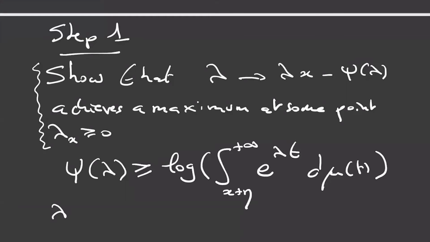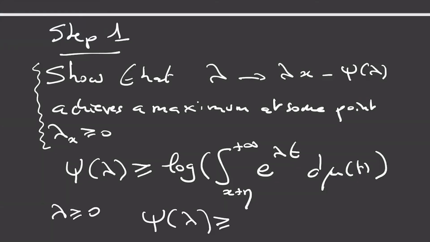So when you look at a non-negative value of lambda, this means that psi of lambda will be larger than what? If t is larger than x plus eta, of course, exponential of lambda t will be larger than exponential of lambda times x plus eta.